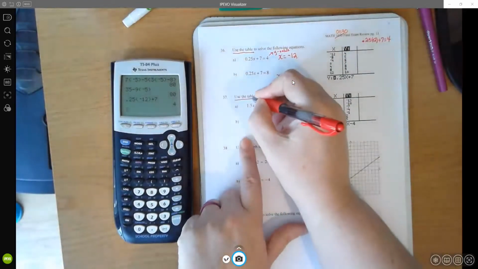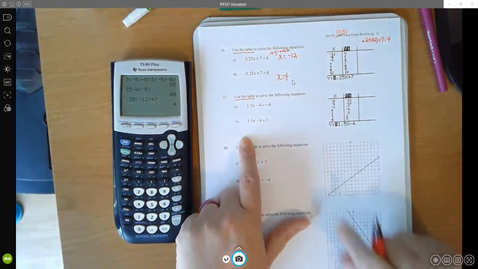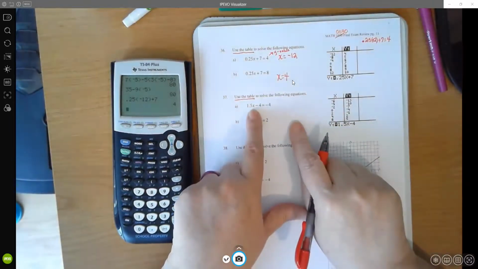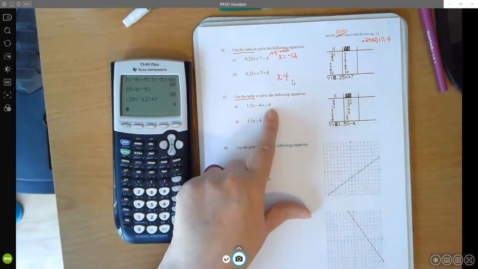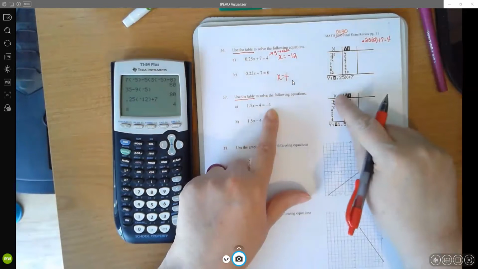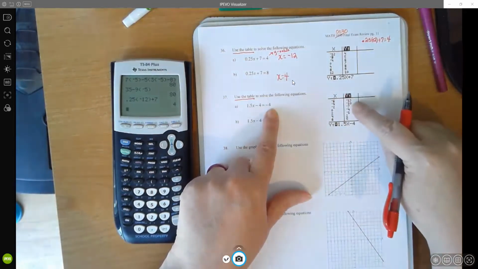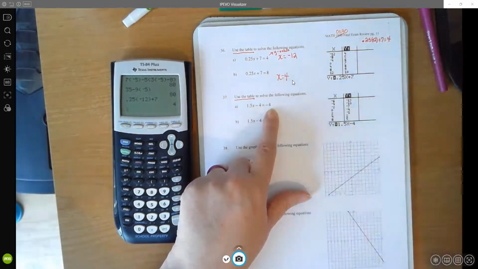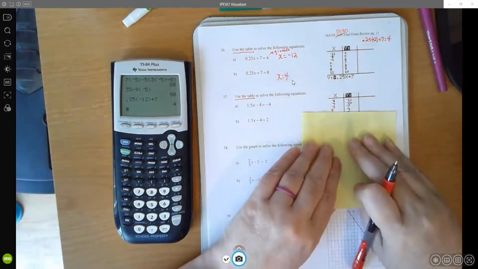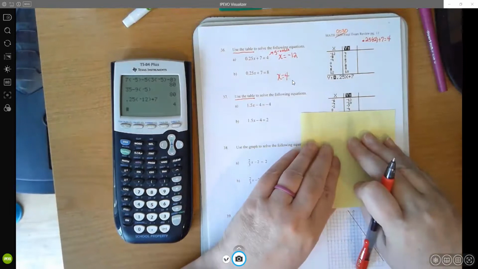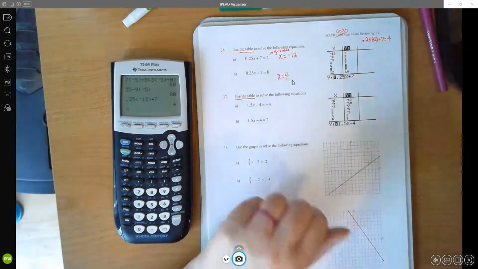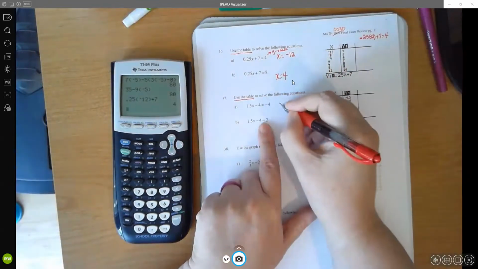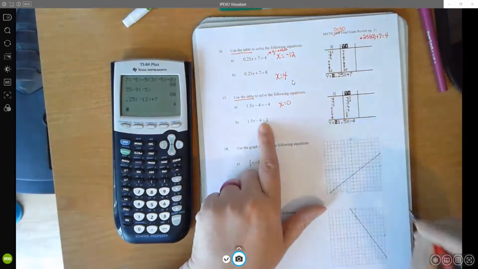Again, it says use the table, so we don't have to show any work. And it says 1.5x minus 4 equals -4. And when we do that, we're just simply looking for -4 in the output, which is right here. The input there is then 0. And I'm going to make sure I've not misread that because I'm having a little trouble with my astigmatism keeping the line straight. So that means x equals 0.